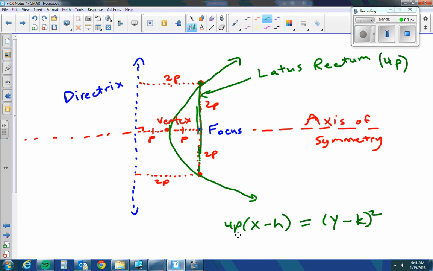A horizontal parabola will have an equation of this form. Basically, it's x equals y squared. And a huge thing is knowing which kind of equation you're supposed to use: the kind that has y equals x squared, or the kind that has x equals y squared.